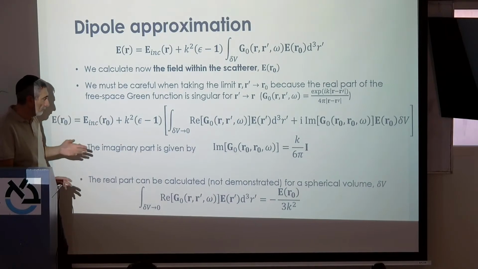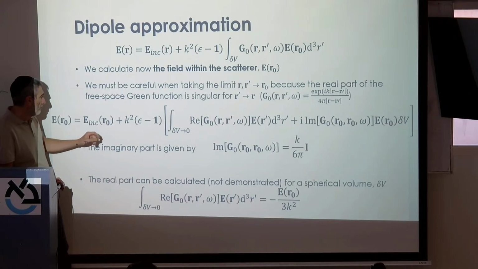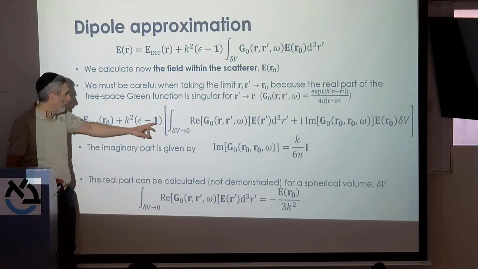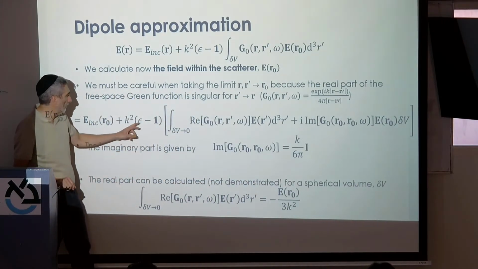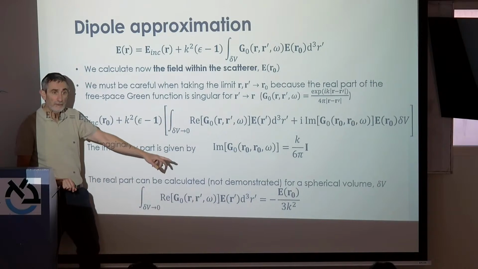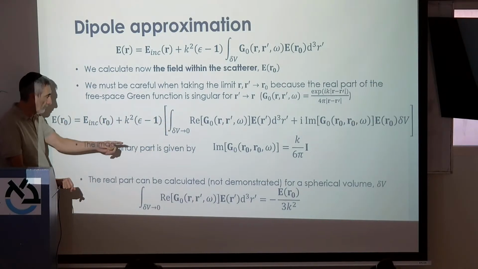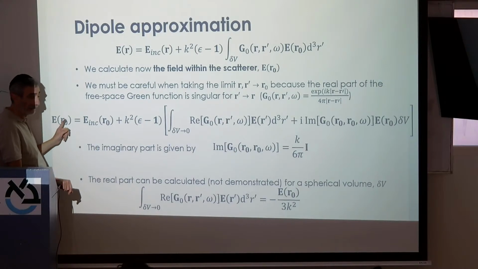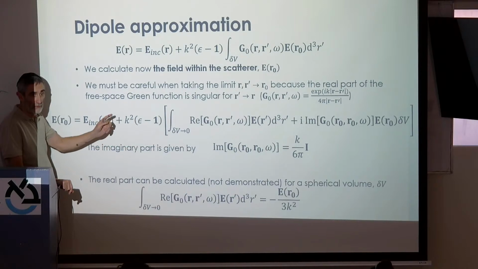So for instance, you see that you have here k squared (epsilon minus 1) times this term. So the k squared is eliminated. So you have epsilon minus 1 over 3. So this contribution, you bring it here. There is a minus. So this 1 plus epsilon minus 1 over 3 gives you epsilon plus 2 over 3.